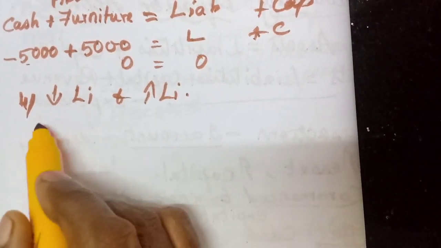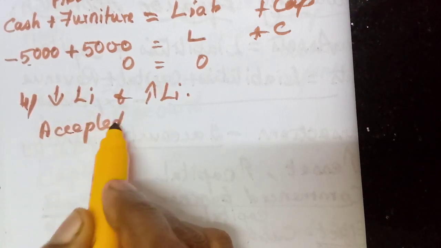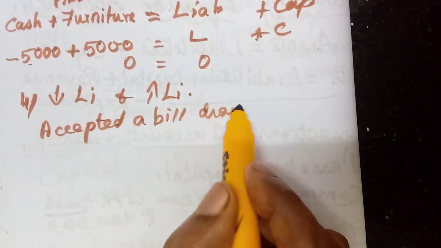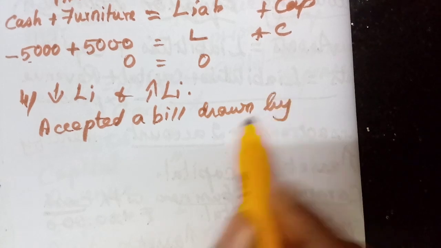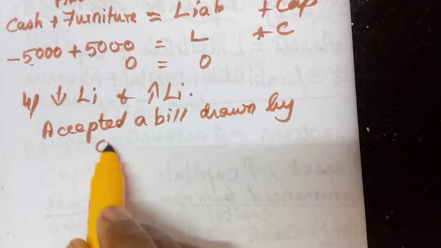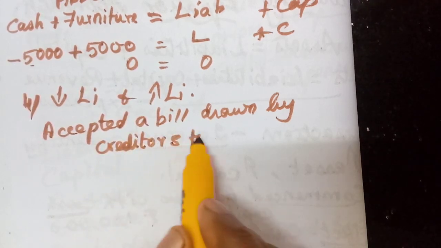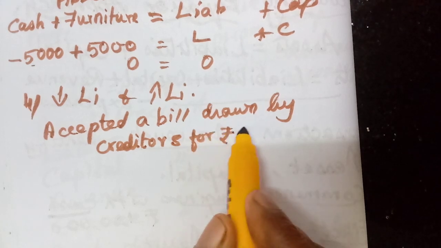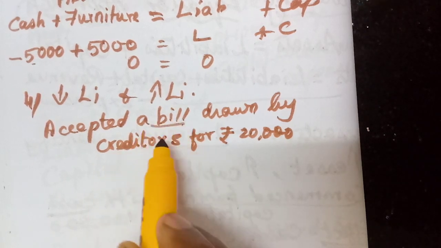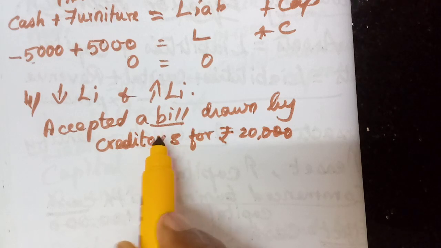Here in illustration they have given accepted a bill drawn by creditors for rupees 20,000. You have understood this one. What is bill? I have taught you. I will explain once again. Okay. What is a bill?